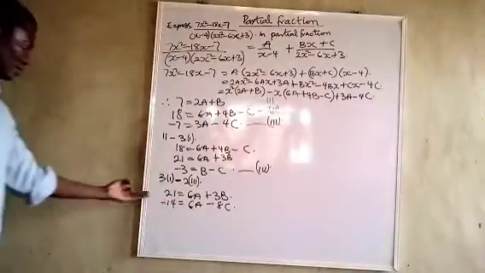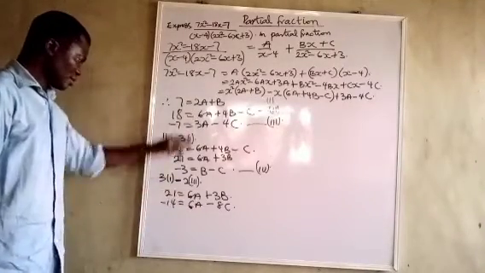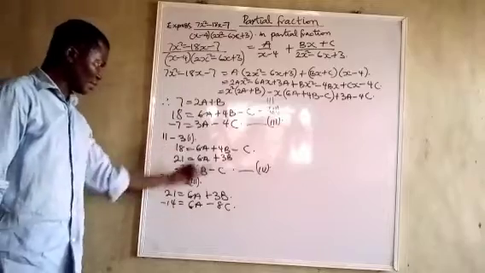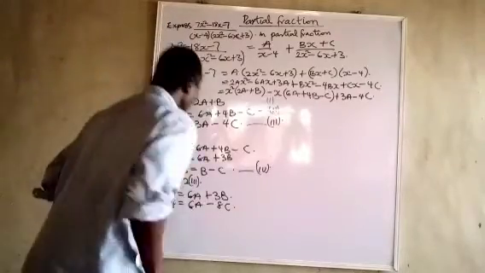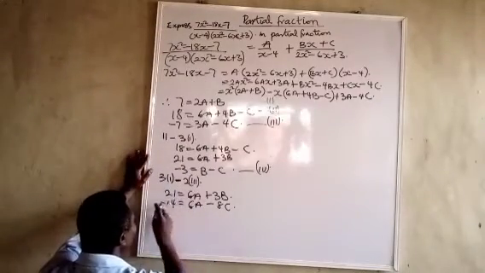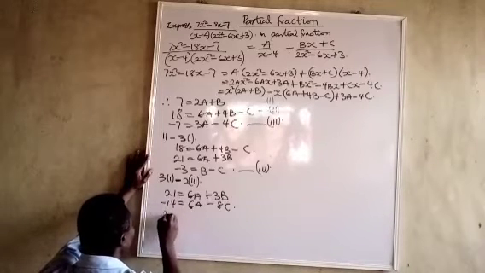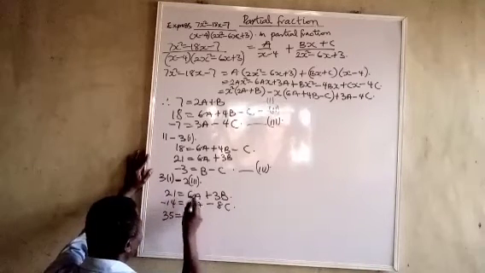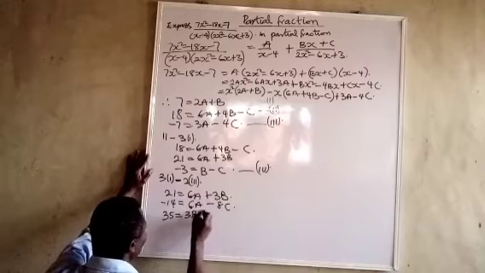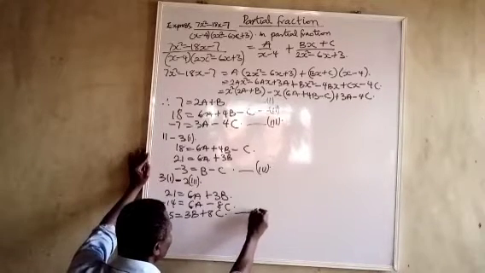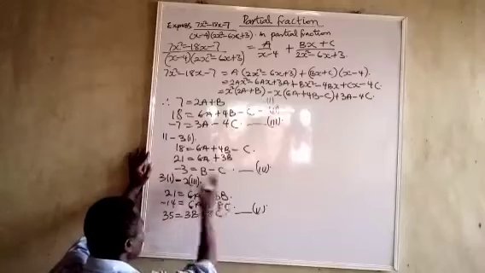Please look at this. 6a plus 3b. In this instance, minus 14 equals 6a minus 8. Then 21 minus 14, that is 35. And so it will be 3b plus 8. So you can see, I have these two equations now that I can solve simultaneously.